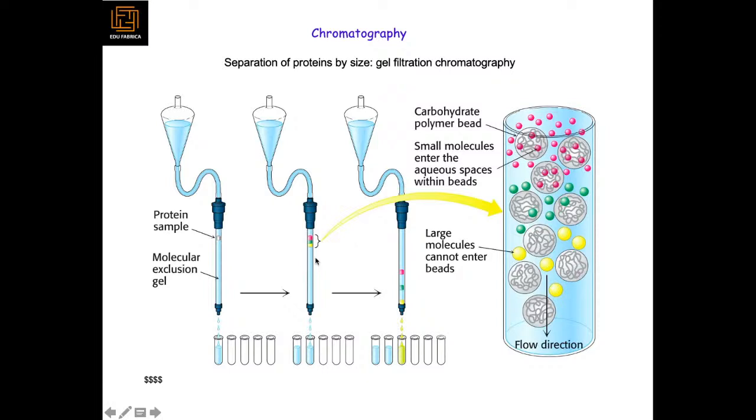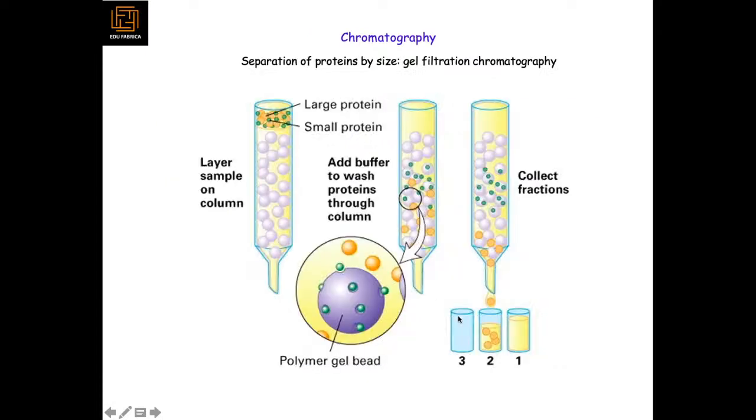You can separate them with this, and in this part you have your molecular exclusion gel, which makes your proteins separate. Slowly they separate from each other, and at the end you have three different proteins separated. Here we have large and small proteins and carbohydrate polymer beads.